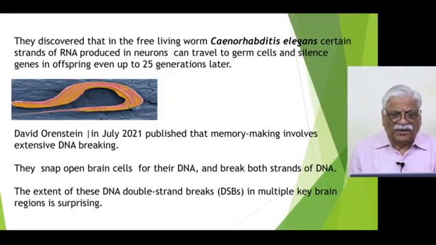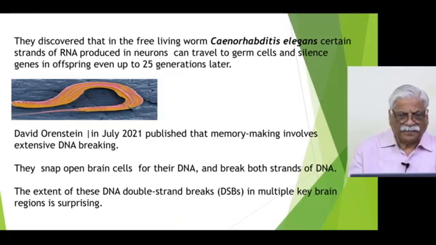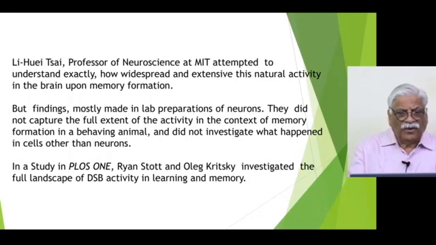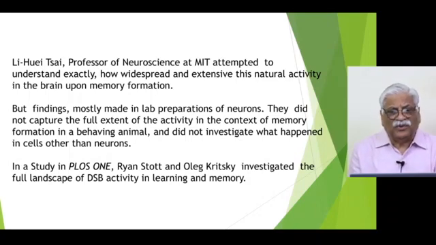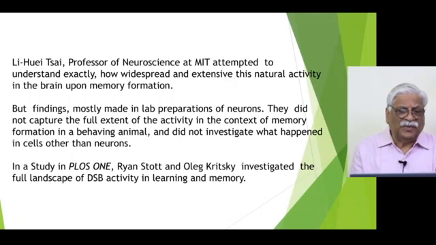Li-Huei Tsai, professor of neuroscience at MIT, attempted to understand exactly how widespread and extensive this natural activity is in the brain upon memory formation. But findings were mostly made in lab preparations of neurons; they did not capture the full extent of the activity in the context of memory formation in a behaving animal and did not investigate what happened in cells other than neurons.